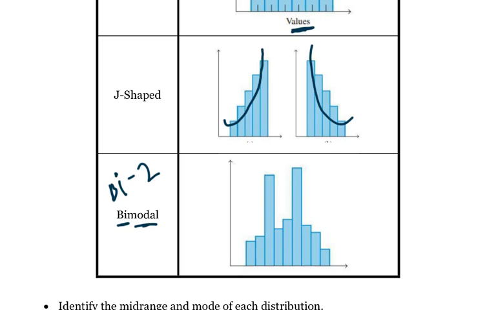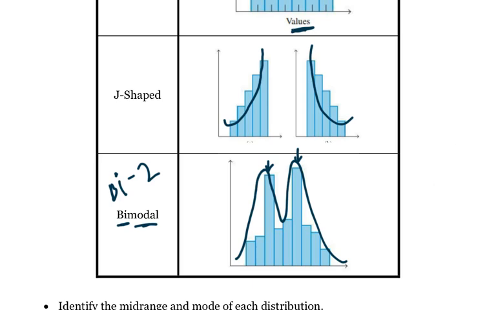So this graph has two modes. Okay, they're not perfect, they're not exactly the same, but they're these dips up. It's almost like a camel back that has two humps instead of one. And so we call that bimodal.